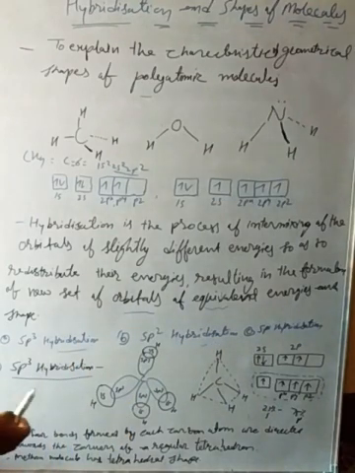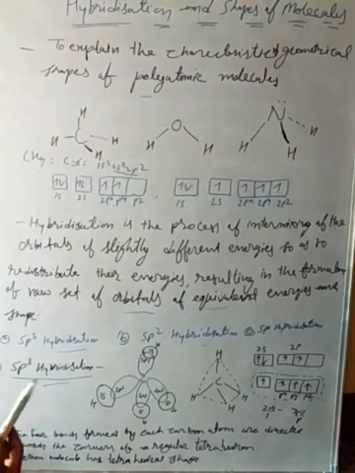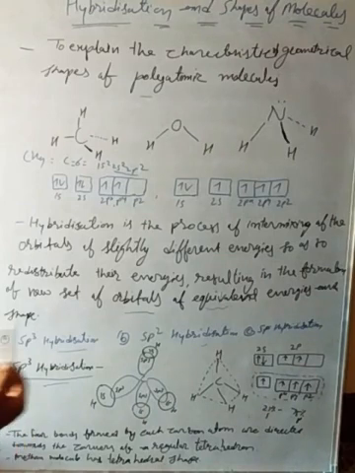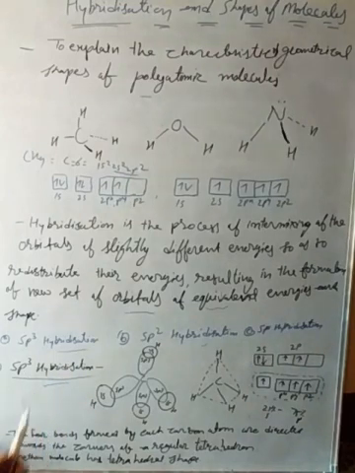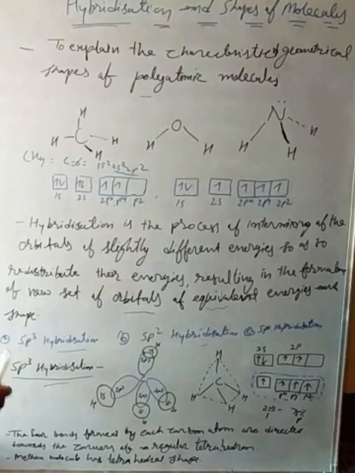First is sp3 hybridization. It means sharing of four electrons, because carbon has four electrons in its outermost shell, one from the s orbital and three from the p orbitals. That's why it is sp3.